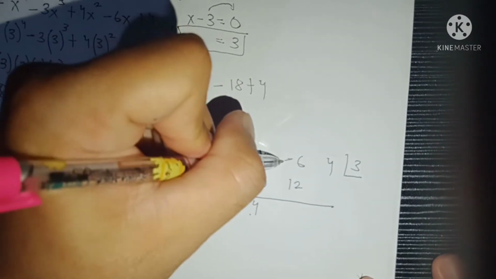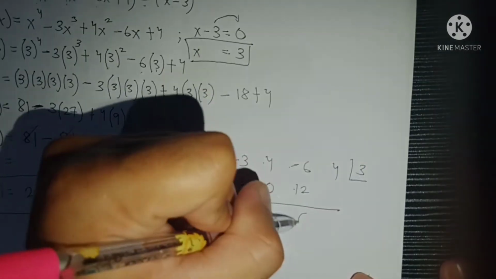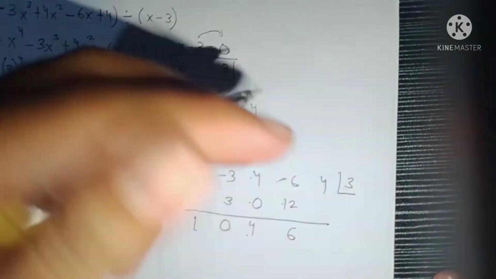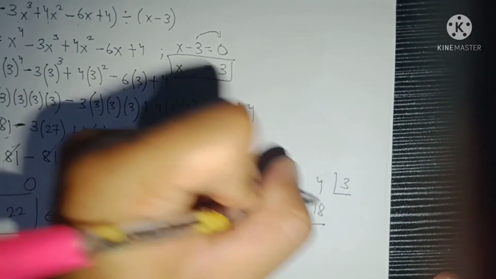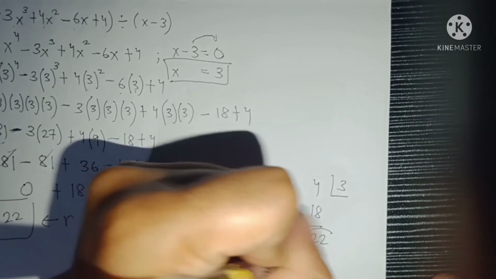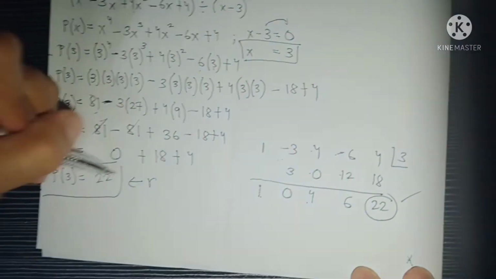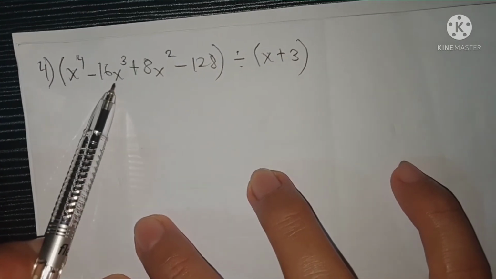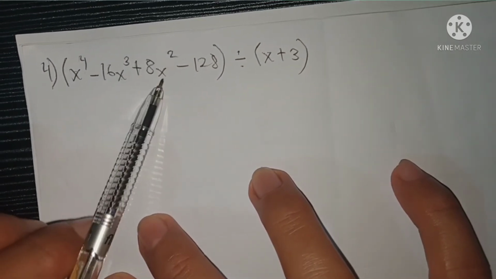So negative 6 plus 12 is positive 6. Pwede natin i-take as 12 minus 6. And then 6 times 3 is 18. So 4 plus 18 is 22. Match.